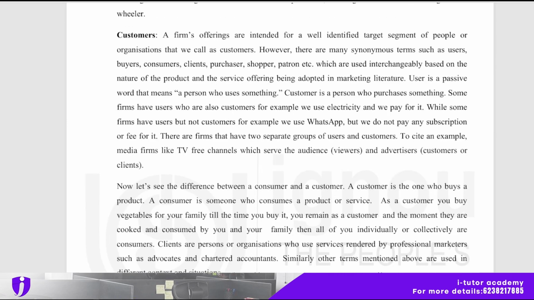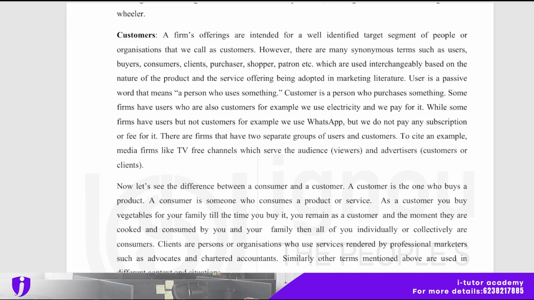A firm offers its offering intended for a well-identified target segment of people or organizations that we call customers. However, there are many synonymous terms such as users, buyers, consumers, clients, purchaser, shopper, patron, etc., which are used interchangeably based on the nature of the product and the service offering being adopted in marketing literature.